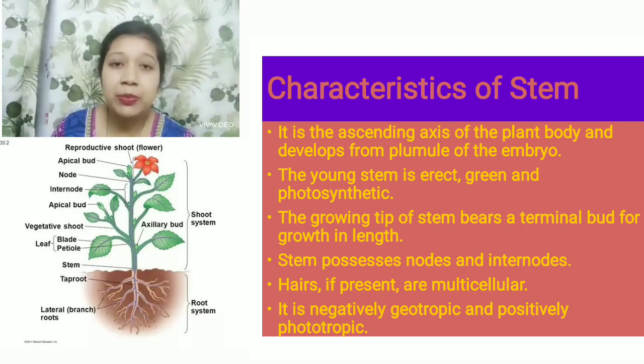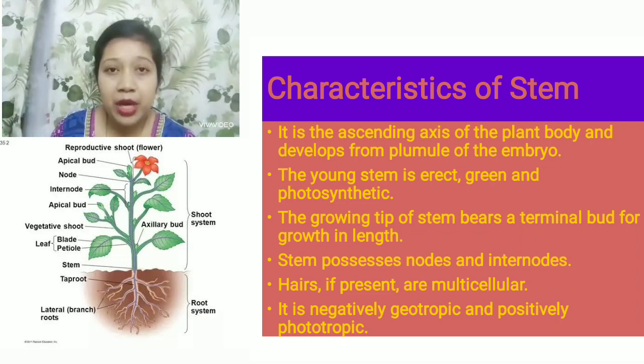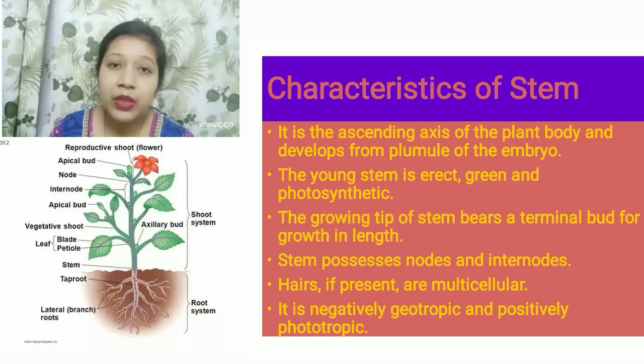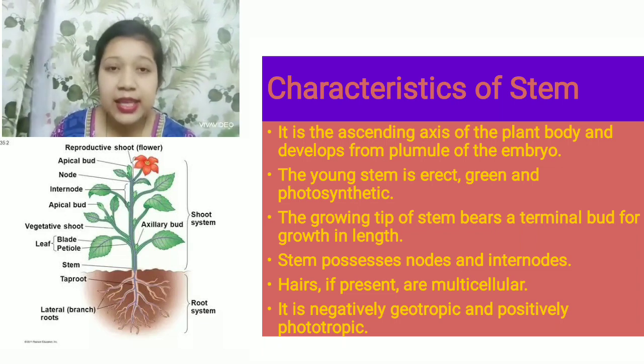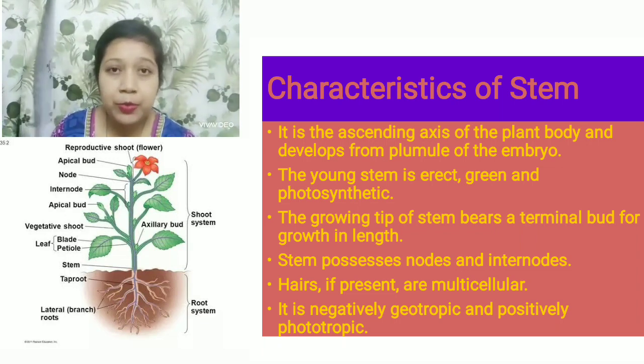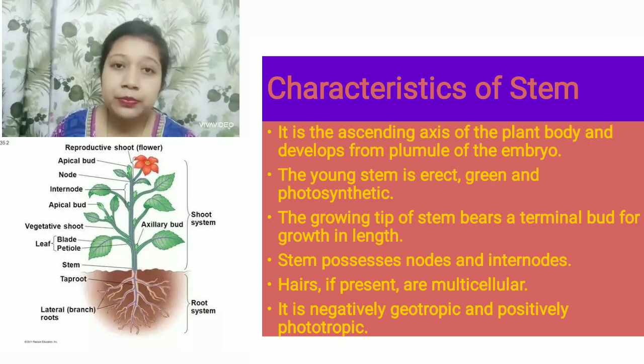Epicotyl means it is towards the upper part of the embryo. So that is the first point: in very simple words, the stem is the ascending axis or the upper portion of the plant body, which is formed from the plumule of the embryo.